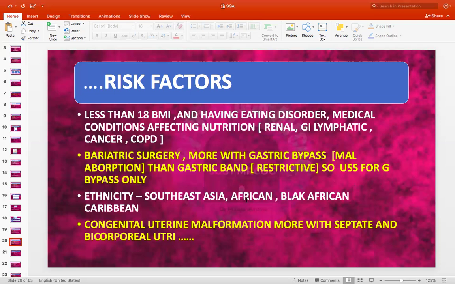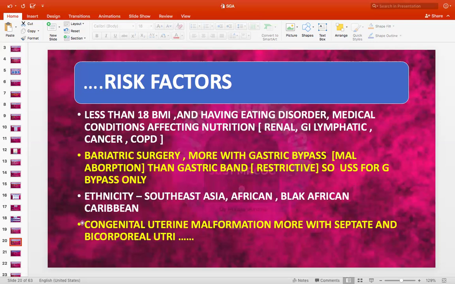Ethnicity, Southeast Asian, African, etc. are more at risk of FGR or SGA. Congenital uterine malformation, more with septate or bicornuate uterus, is also responsible.